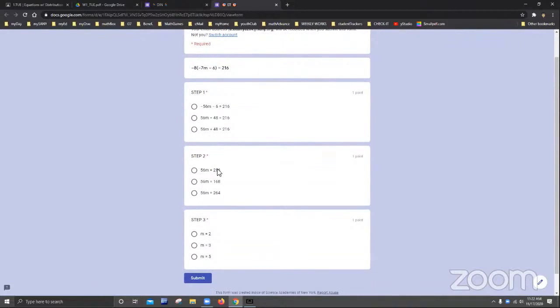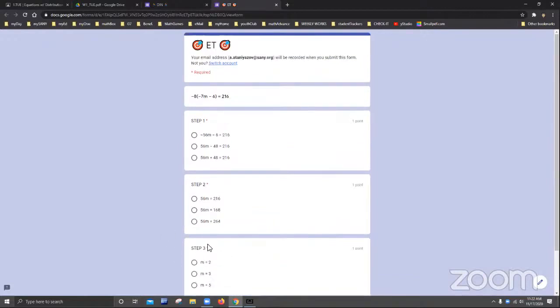The second step is adding or subtracting a number. So what is the result? And the last step is what is the result for this equation? What do you think the value of m has to be for the equation? So I broke it down into 3 questions. That will help you reach the correct answer. Okay, it's only 1 problem.